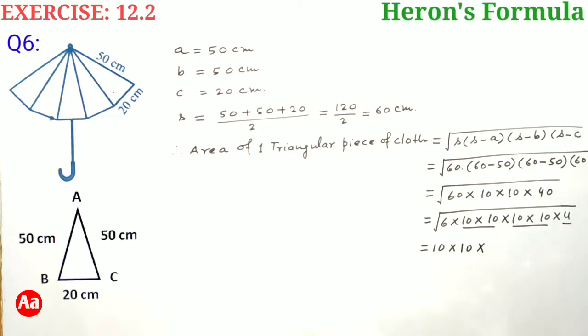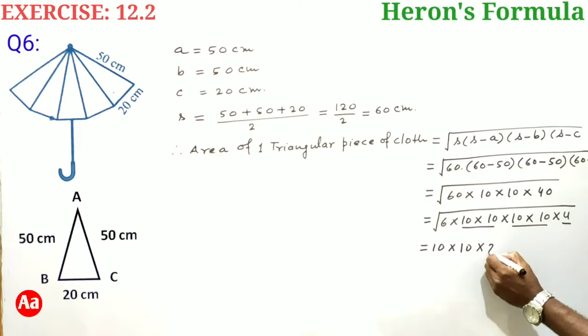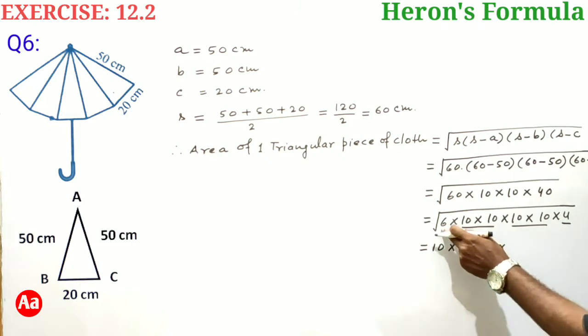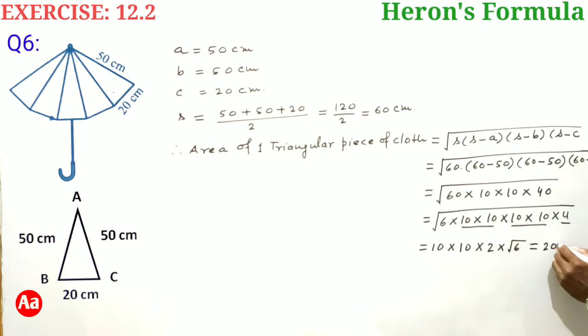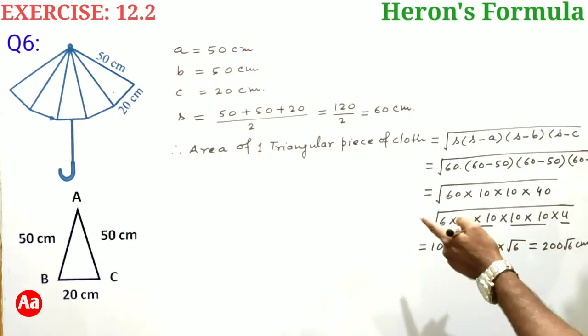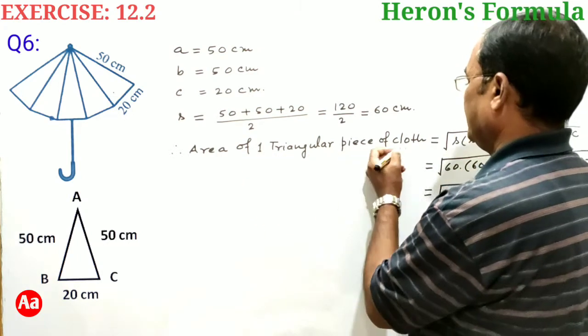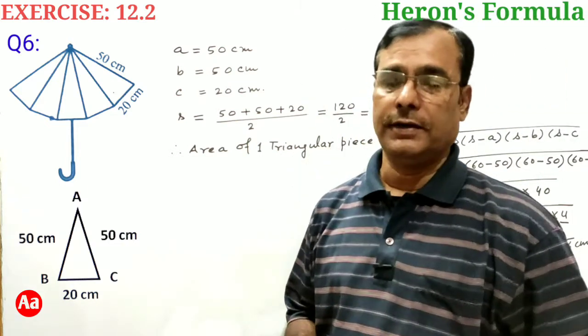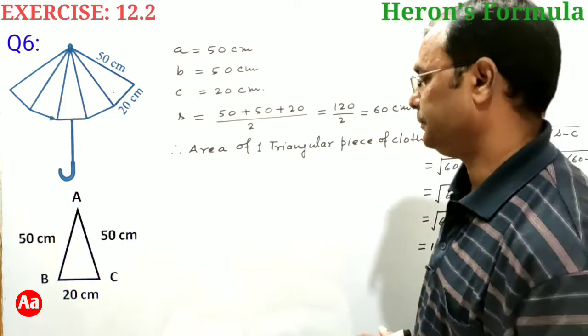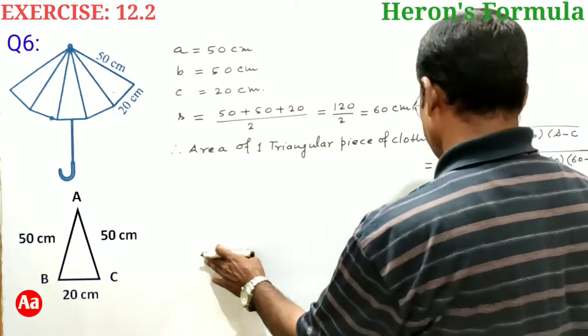Then 4 is a perfect square number, so its square root is 2, into under root 6, which is equal to 200 under root 6 centimeter square. This is the area of one triangular piece of cloth, and there are 5 triangular pieces of cloth of one color.